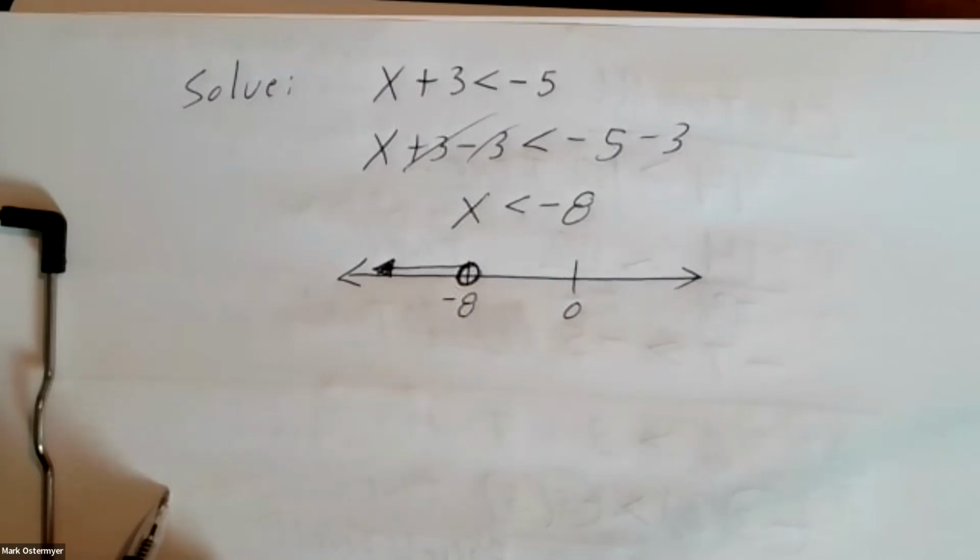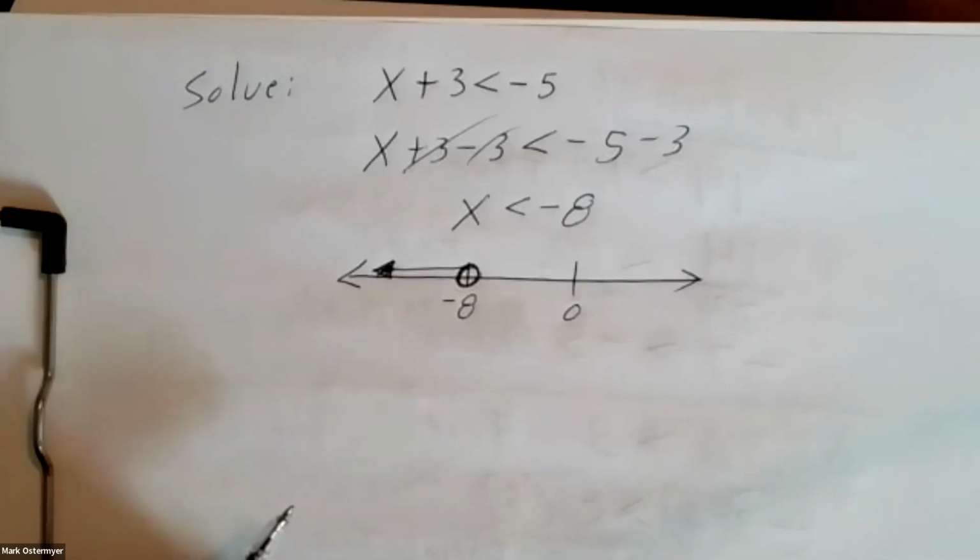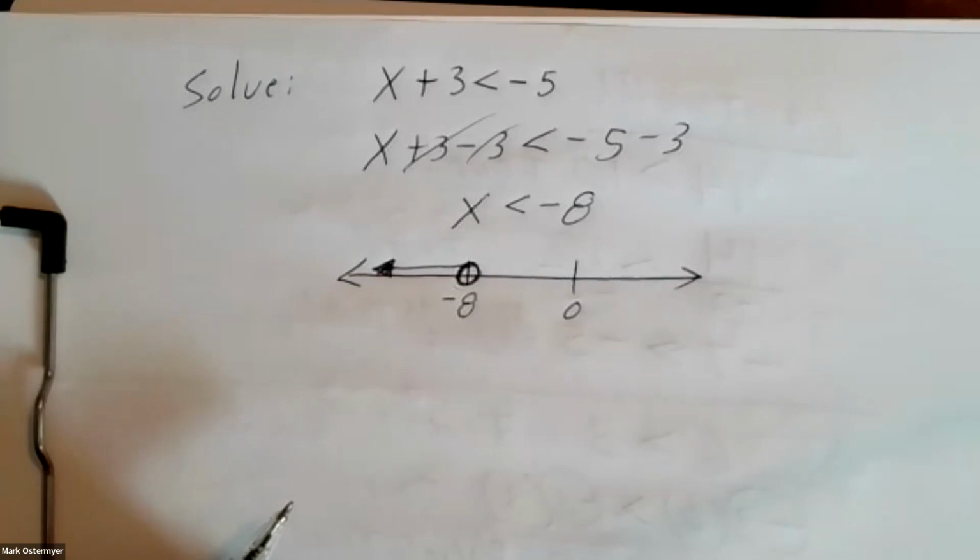So somebody give me a solution to that inequality. Go ahead. Throw out a number that's a solution. -10 would be a solution because -10 is less than -8.